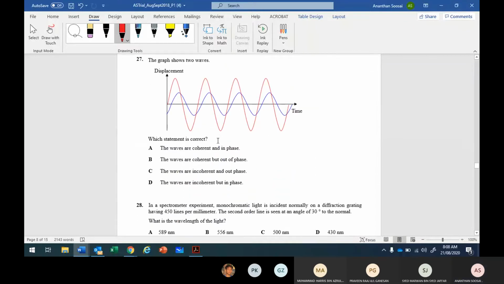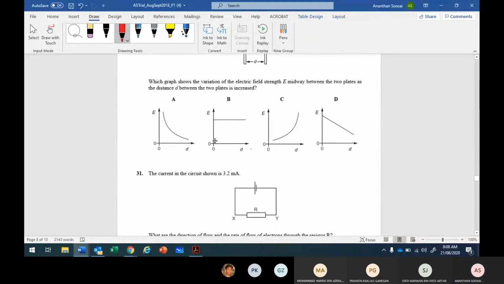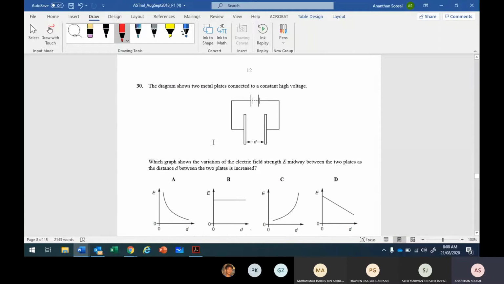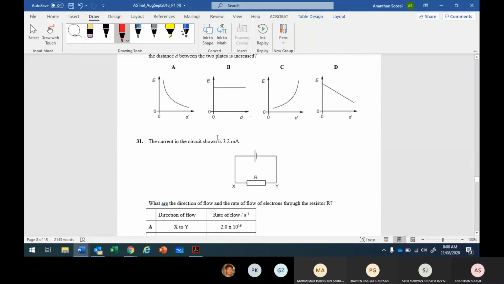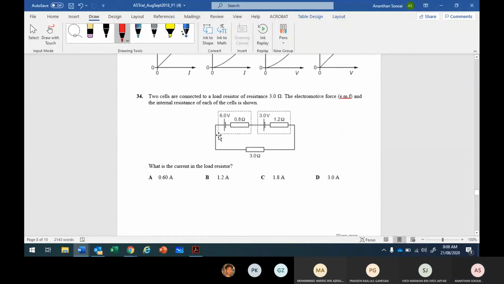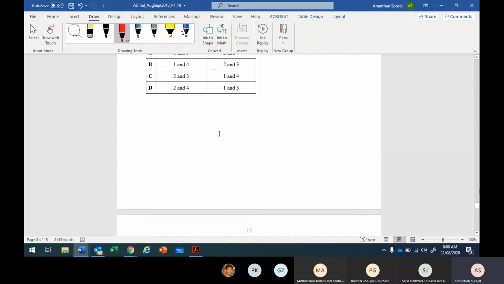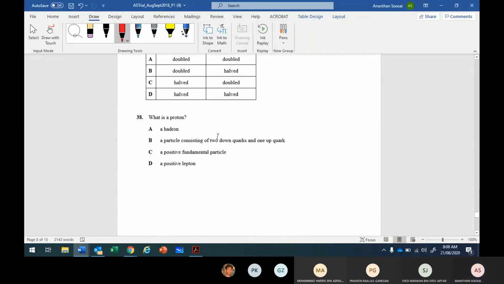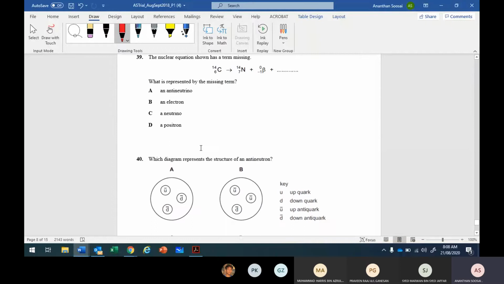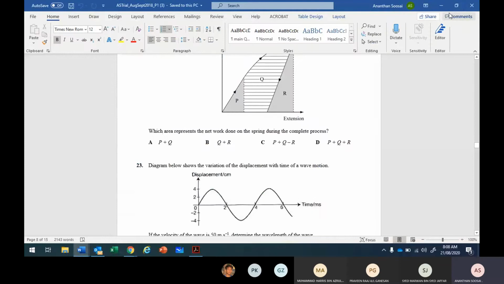Okay, this looks okay for you. No other problem with the other questions. If you don't have, then we go to the next paper.